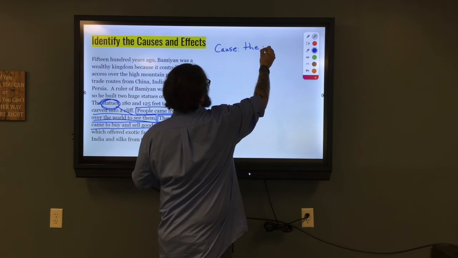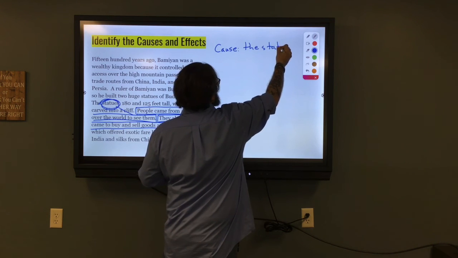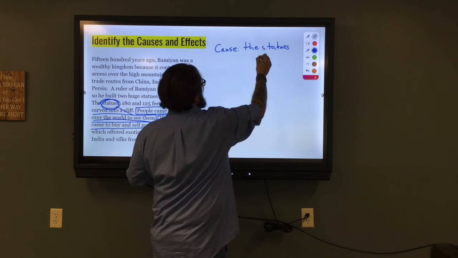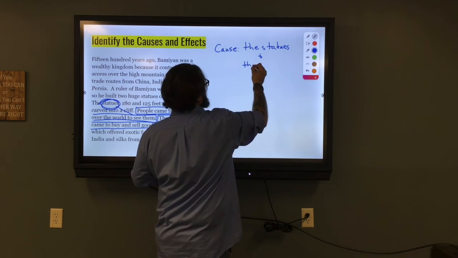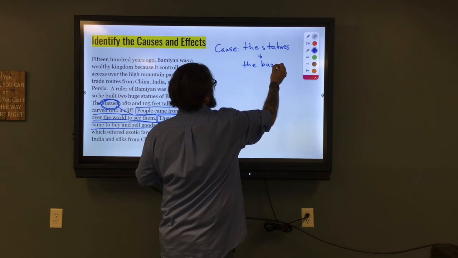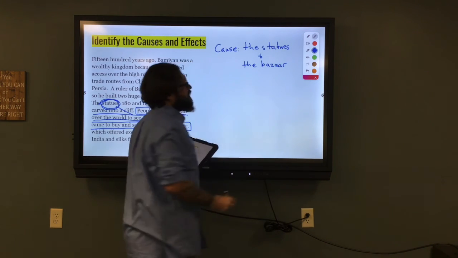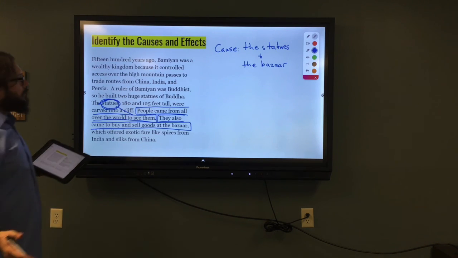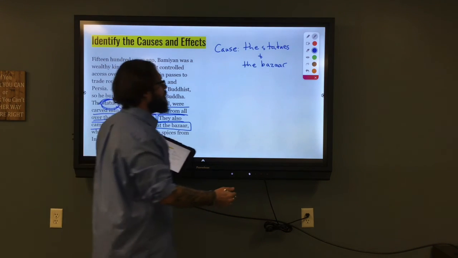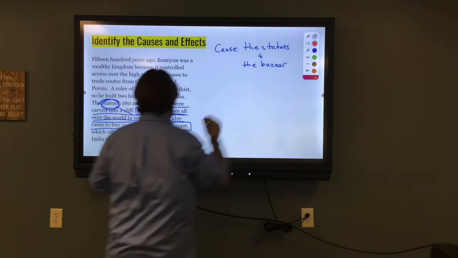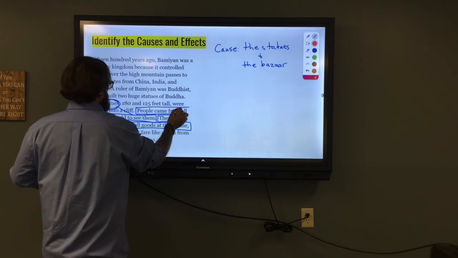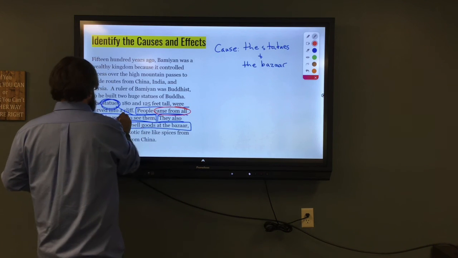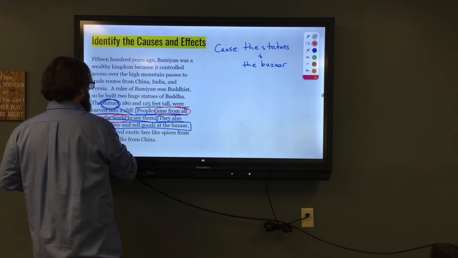The statues and the bazaar. Okay, so the statues and the bazaar were what caused people to come from all over the world.